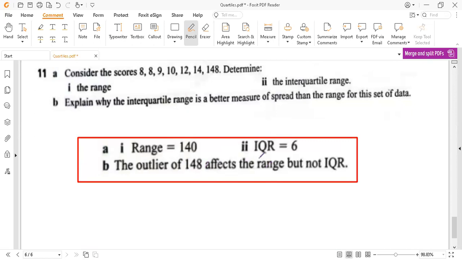You should know that outliers affect the range, but are much less likely to affect the interquartile range. The interquartile range is much less affected by the outliers than the range.